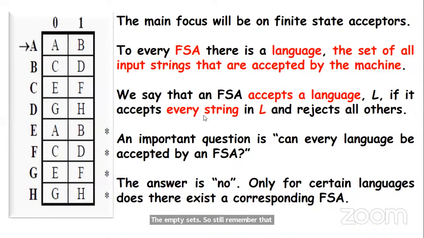Now, we say that an FSA accepts a language L if it accepts every string in L and rejects all others. I'll explain further. An important question is, can every language be accepted by an FSA? The answer is no. Only for certain languages does there exist a corresponding FSA.